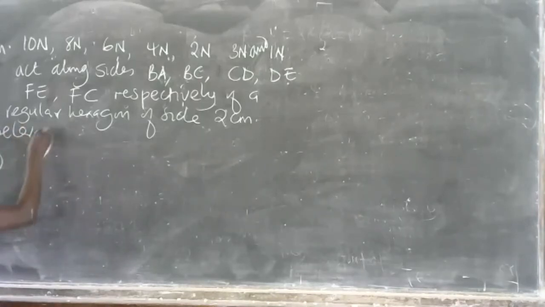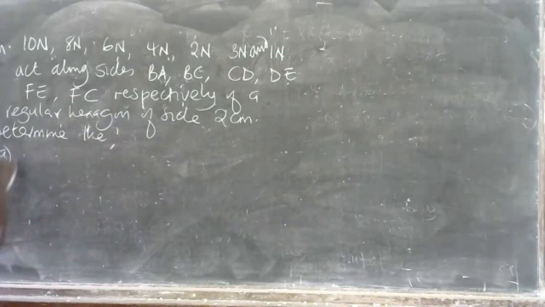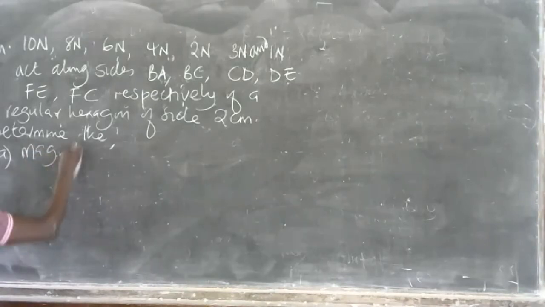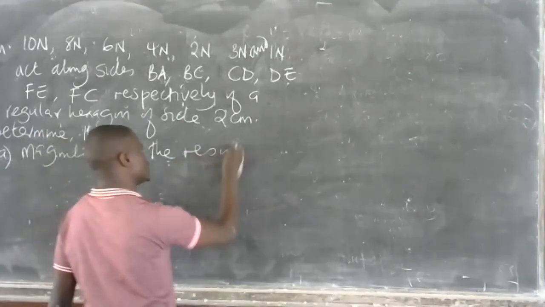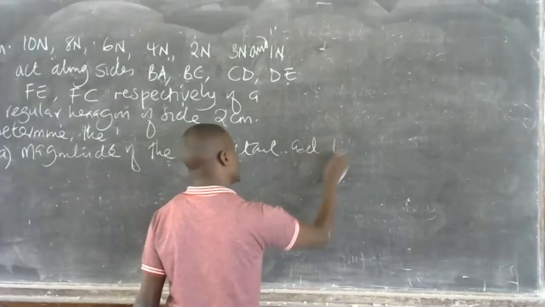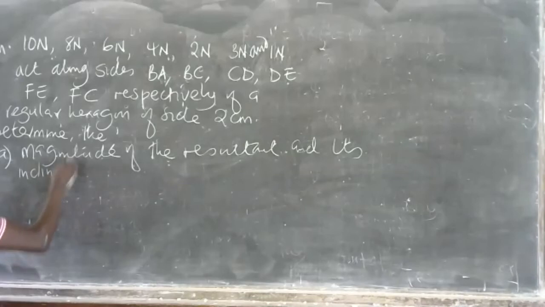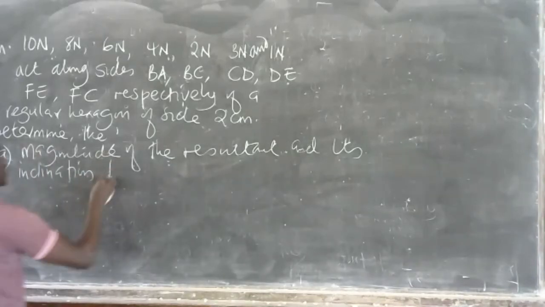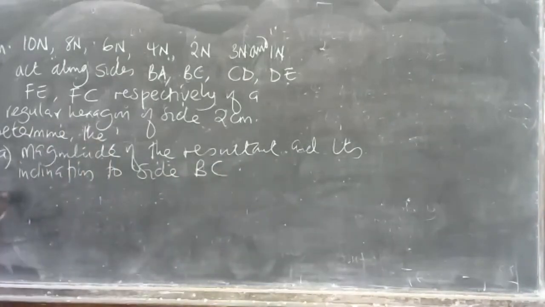I said determine, part A, the magnitude of the resultant and its inclination to side BC, and then part B.